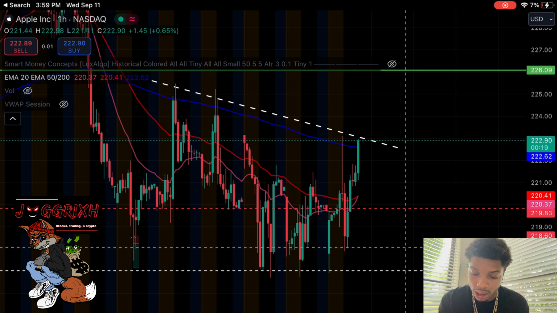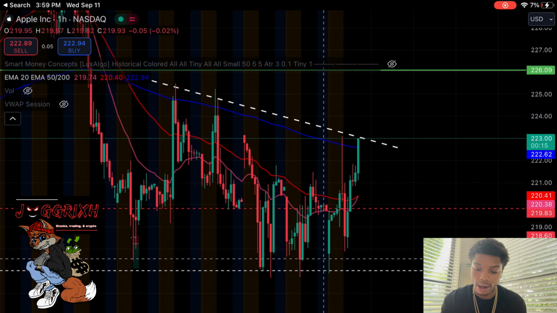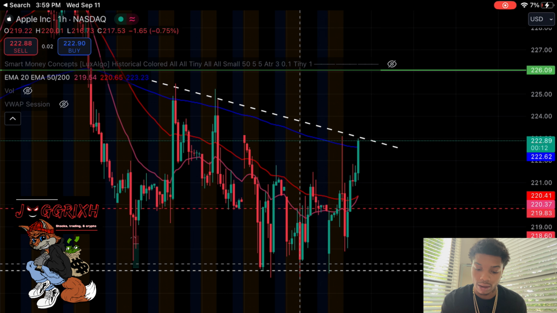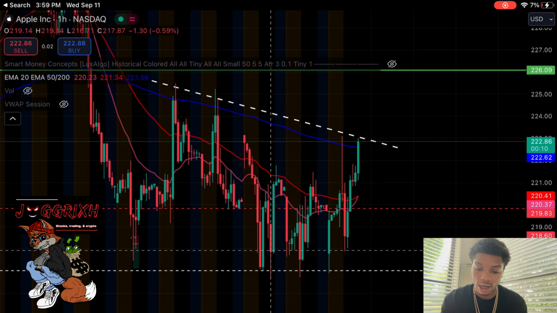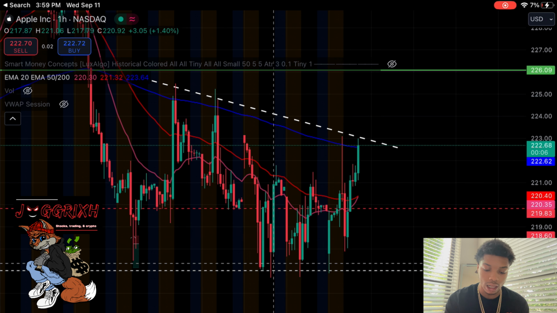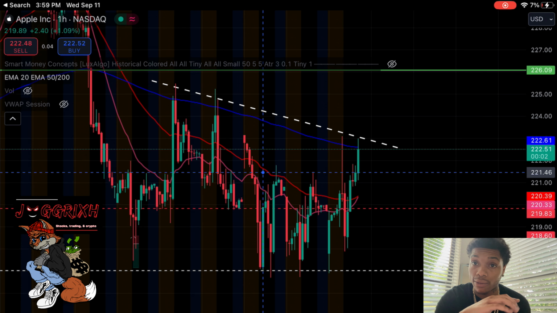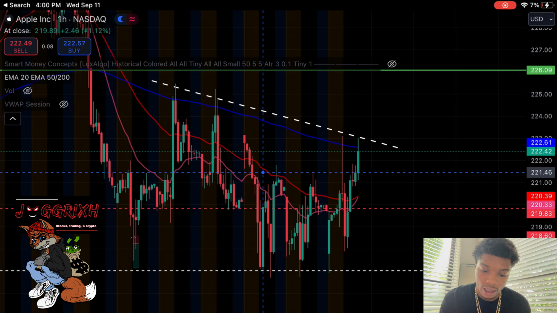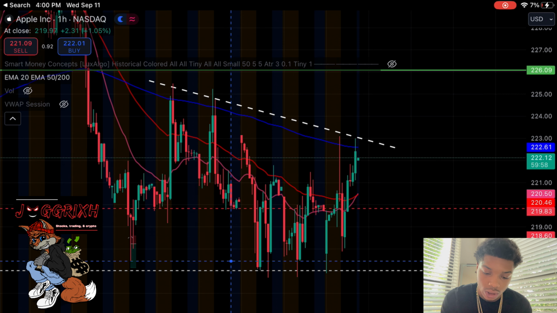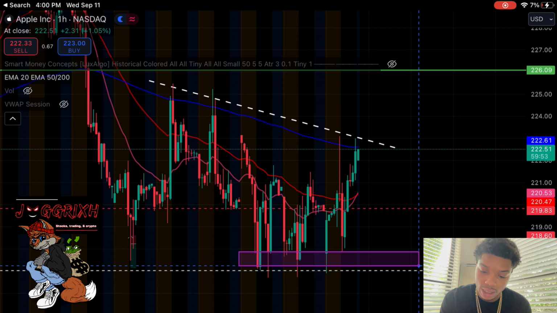So if we look to the left, we can see, okay, it hit 217 right here, rejected. 217 right here, rejected. 217 right here, and rejected back to the upside all 3 times. So now we got a clear indication of our support zone, again, our floor. You understand what I'm saying? So now we can go here, go to drawings on TradingView, and do a little rectangle for this buy zone.